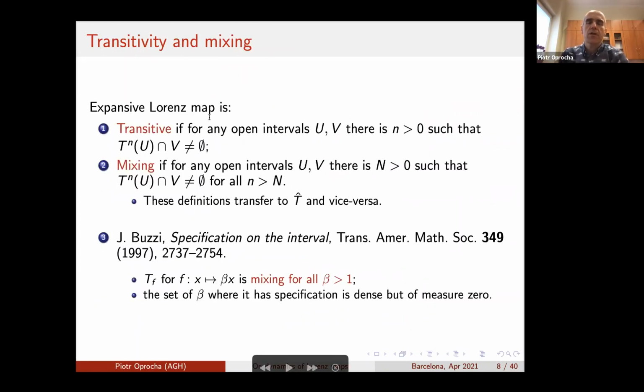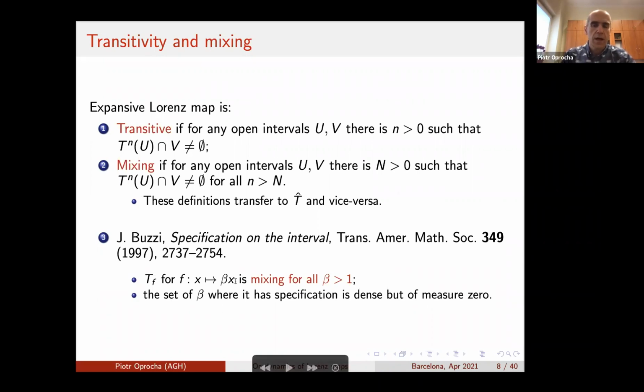Of course, you can speak about transitivity, mixing, and other notions like entropy, because you have a system on the Cantor set, so everything is perfectly defined. There are also characterizations for some cases, like this paper I like very much by Jérôme Buzzi, which characterizes mixing in beta transformations.